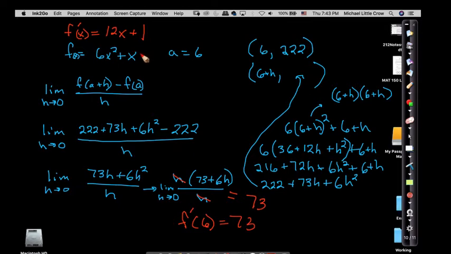The exponent becomes 0, so it's 1. So this is the derivative function. Now we just do algebra. We plug in the 6 for x, and that will give us our derivative. A lot less work, which is really nice.